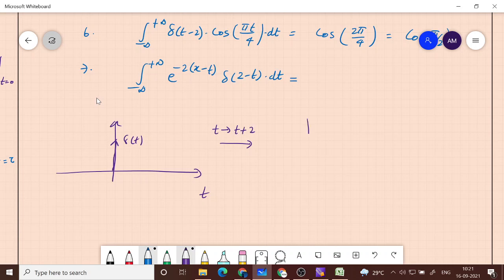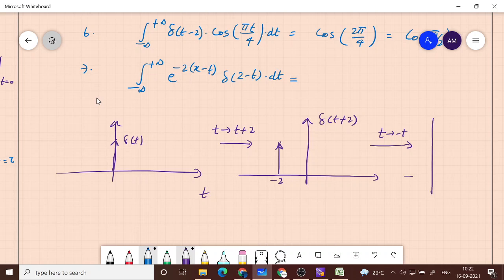I am using the graphical method, and you will get delta of t plus 2. It will be here, at minus 2. T going to t plus 2 means it is shifting left by 2 units. Next, I am applying a transformation: t goes to minus t. So what will it do? Whatever is on the left will go to the right.